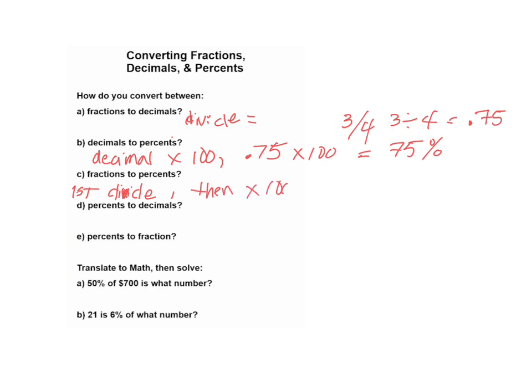So for instance, let's say you had the fraction 2 over 5. You would do 2 divided by 5, which equals 0.4, and then multiply that times 100, which equals 40%.